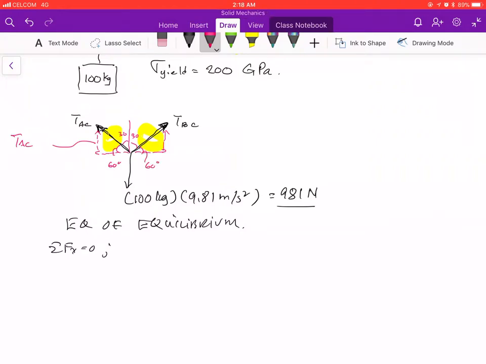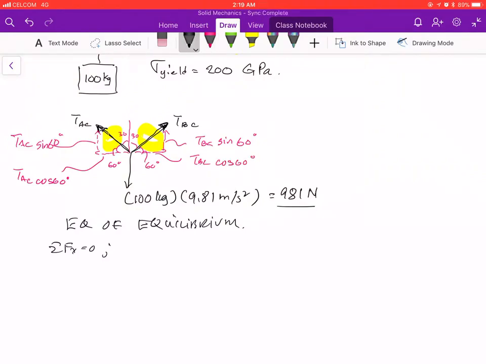So I have TAC sine of 60, and TAC cosine of 60. Similarly, I have TBC sine of 60 degrees, and TBC cosine of 60 degrees.